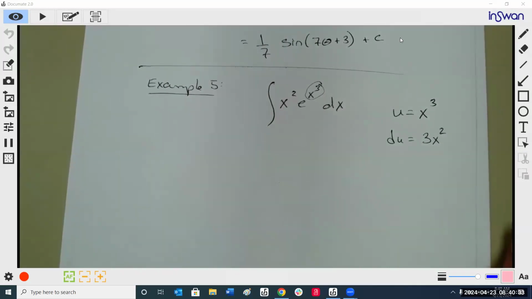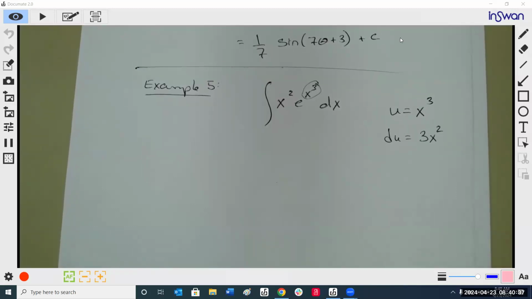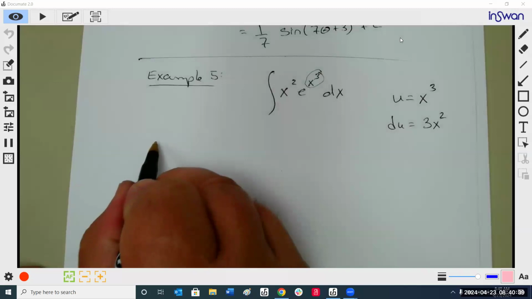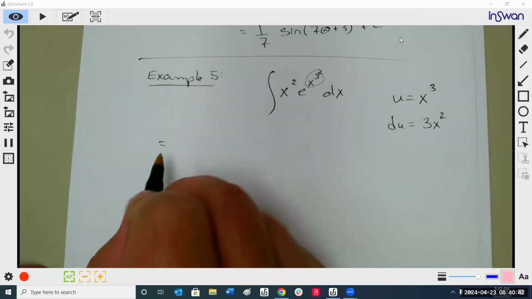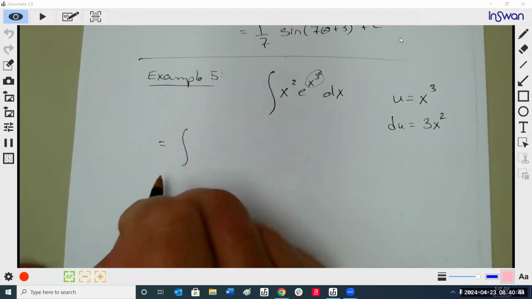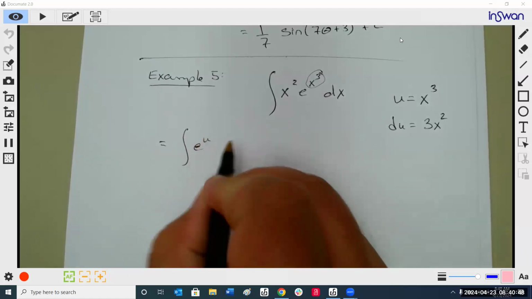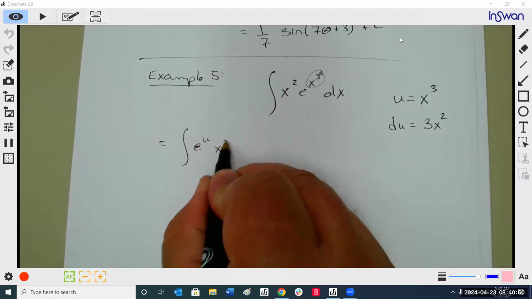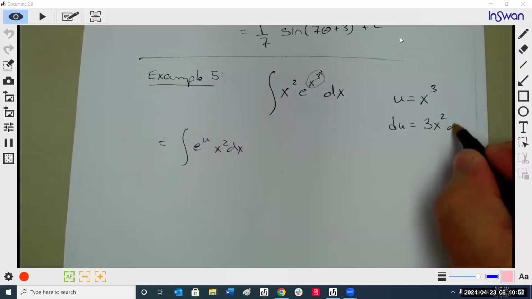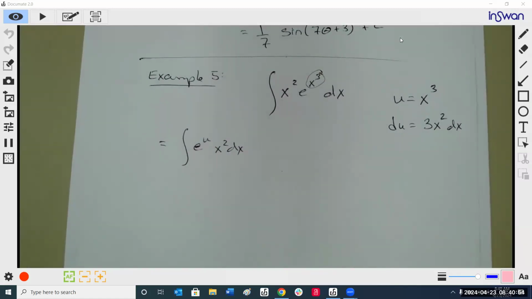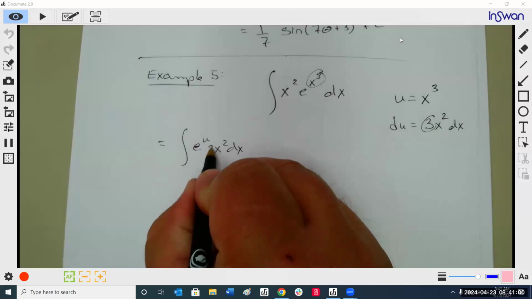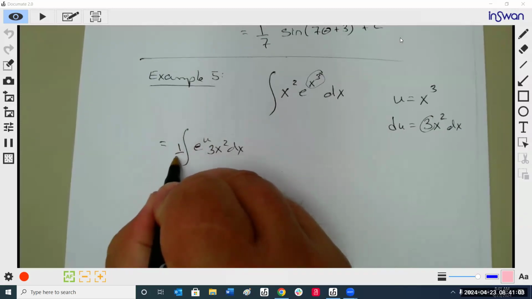Well, not always, but 99% of the time. So what we have here, we have e to the power u, we have x squared dx. What's missing? We're missing the 3, so we need a 3 there. So we have to put a 1/3 out in front.